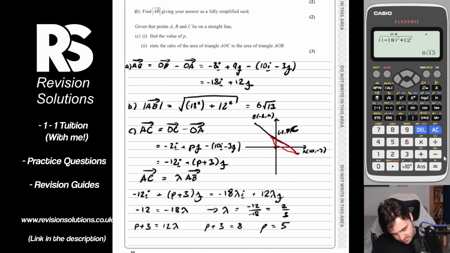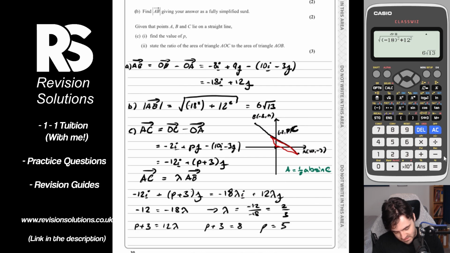And the thing to notice is actually this side of our triangle here stays the same. So if we think about how we calculate the area of that triangle, we could use the area is a half ab sine C, and the angle we'd use has to be sandwiched between two sides. But this angle is also constant for each triangle. So the only thing that changes is one of the sides.